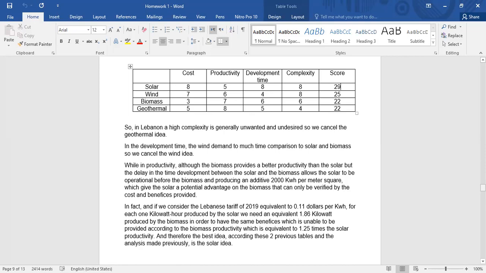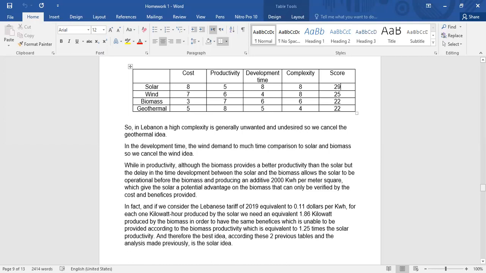In fact, if you consider the Lebanese tariff, as I explained in the financial problems, the Lebanese tariff is $0.11 per kilowatt. It was 165 lira per kilowatt, which was $0.11 when the dollar was stable at 1,515.